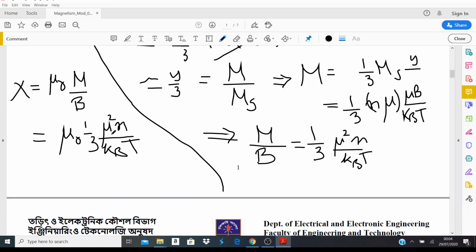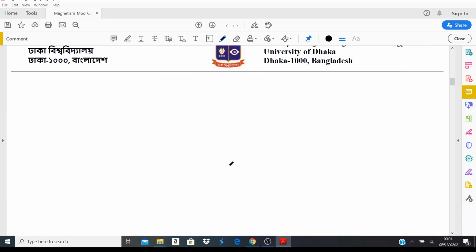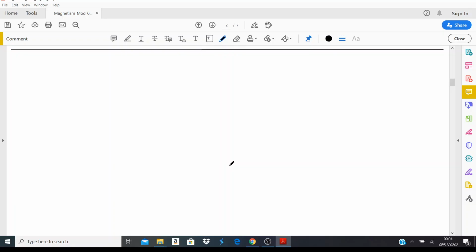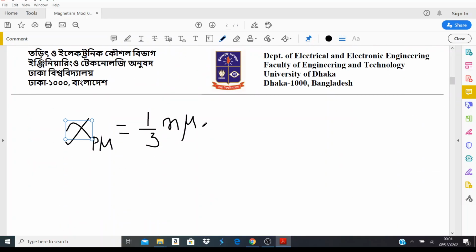So let me rewrite this expression on the next page and show you how this is the Curie's law, right? So we have the susceptibility, let's say for a paramagnet, is 1/3 n mu naught mu square divided by kB T, right?